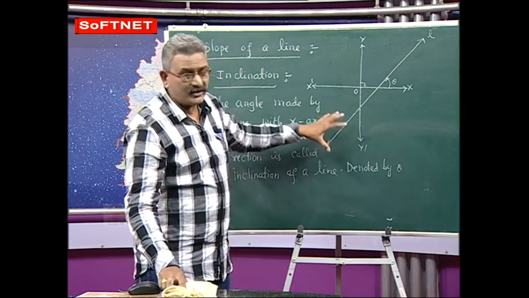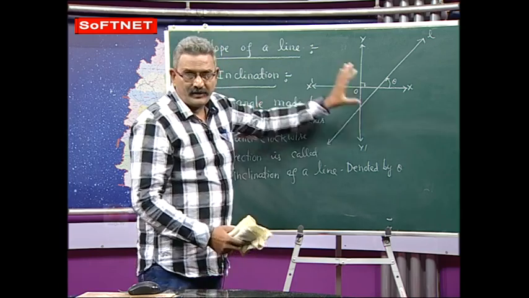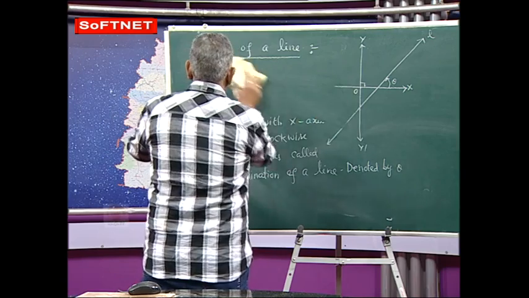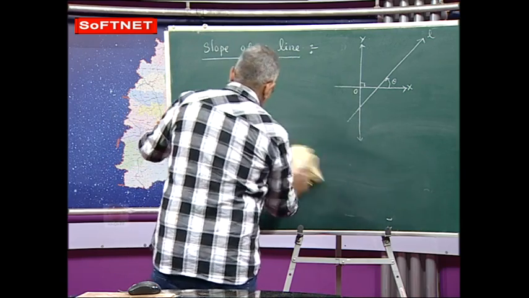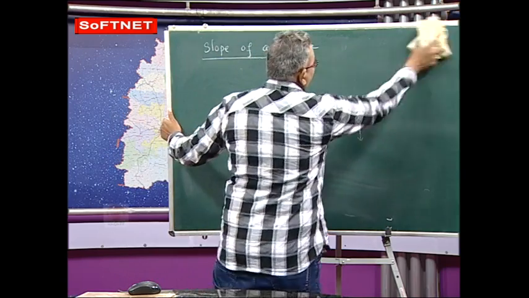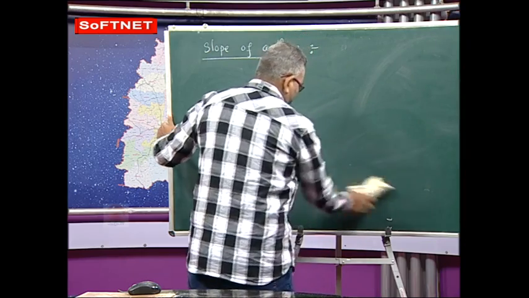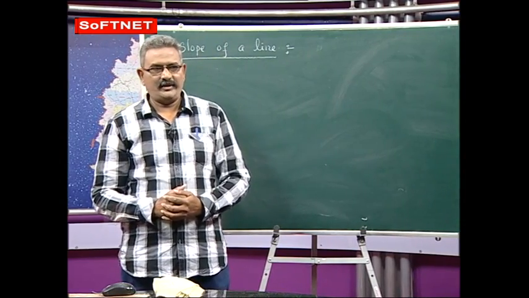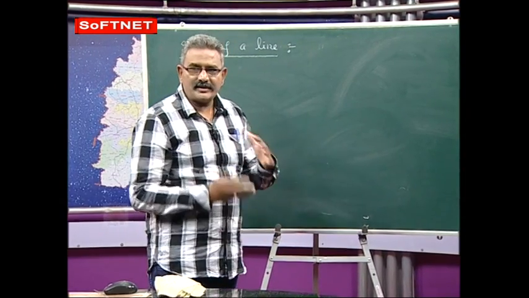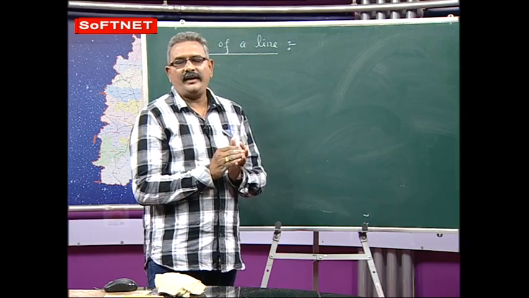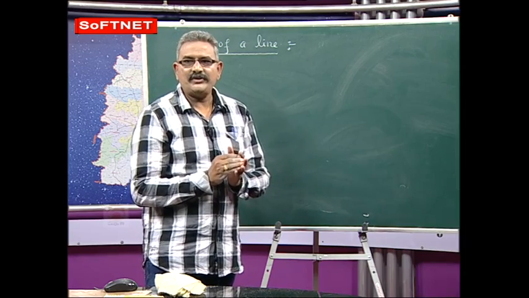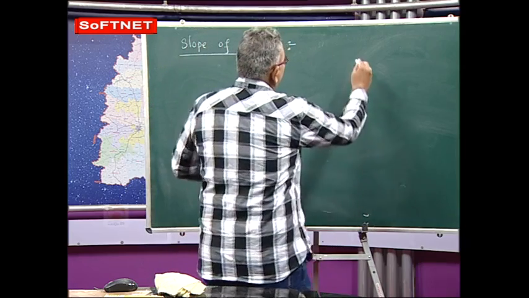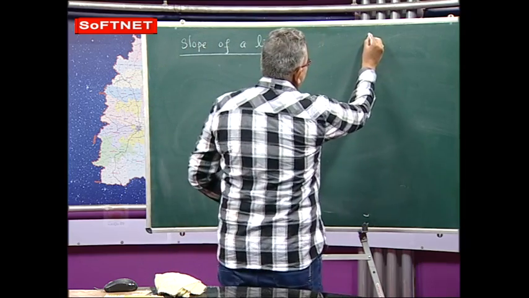So since theta is the inclination of a line, now let us discuss limits of the inclination. So what is the range of the inclination? Let us consider one more example for inclination of a line using visualization, that means using diagram. Suppose inclination may be like this.